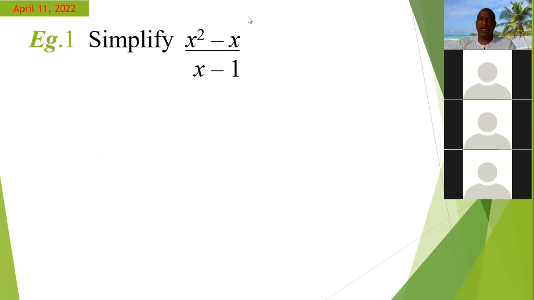All right, now this is a common mistake that students will make. They will look at an X down here and say, X down here cancels with an X up here. Or in some cases, you might say this X cancels with that X. Now that is incorrect.